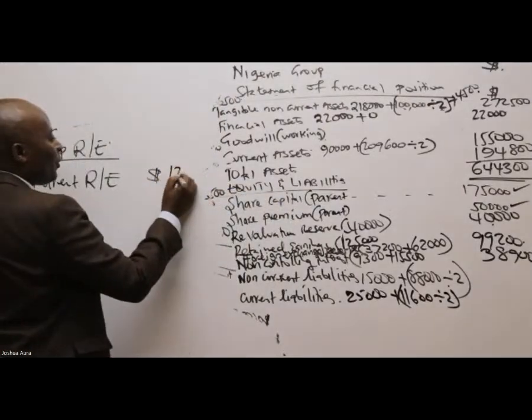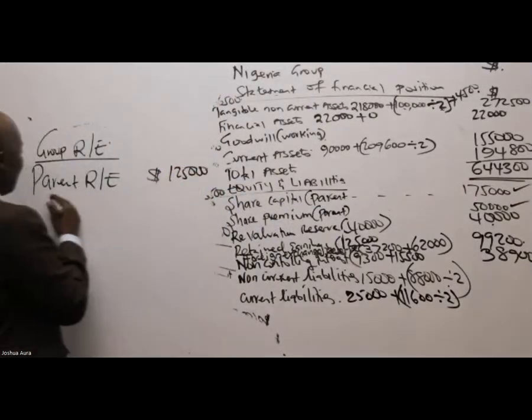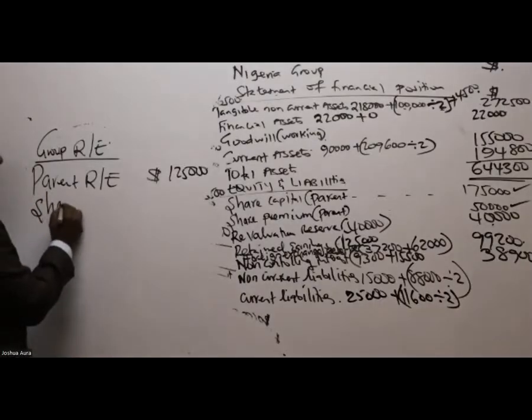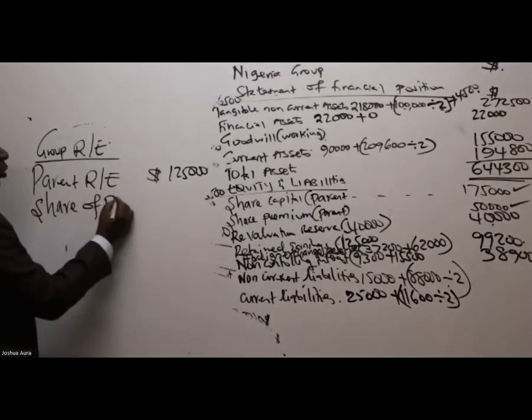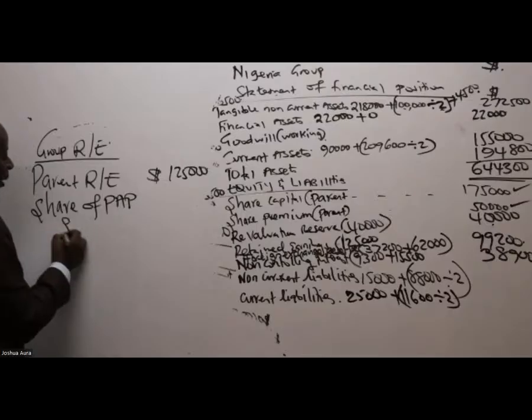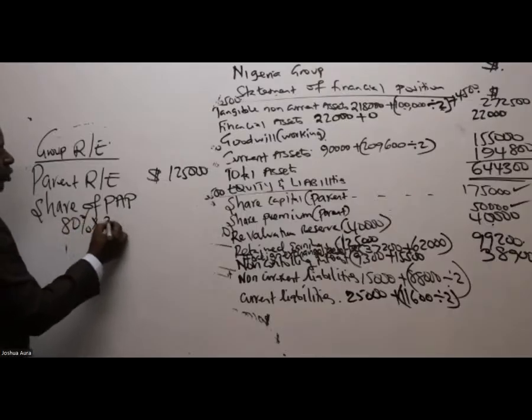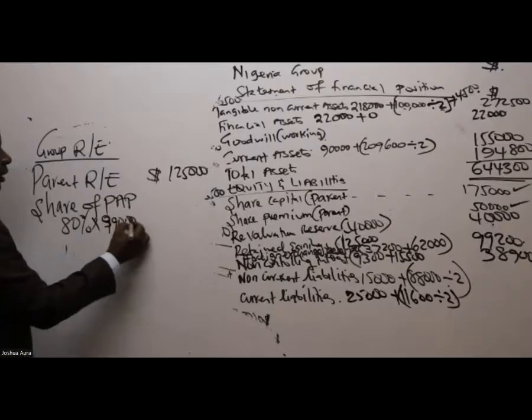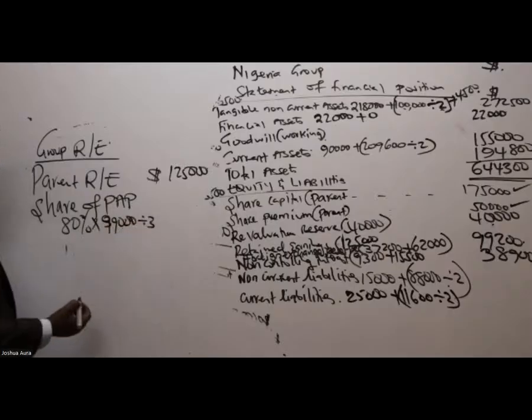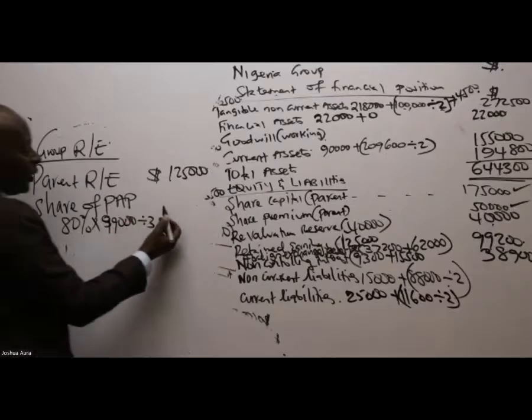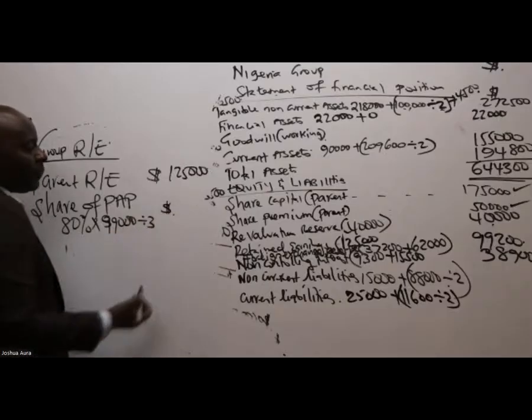So remember here we can only bring what here? The share of POP alone. So share of POP, it will be 80% of the 33 or 99,000, but divided by 3. So could you kindly give me this figure? Itakuja kuwa ngapi somebody?